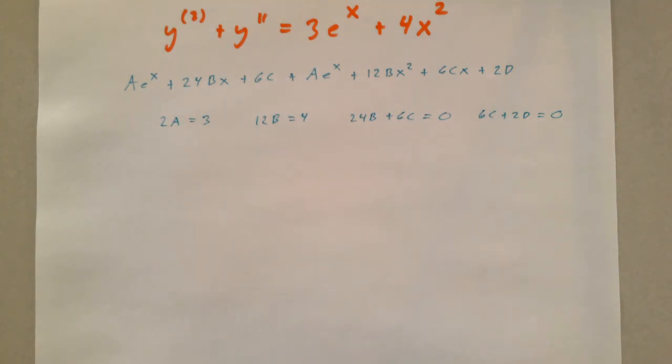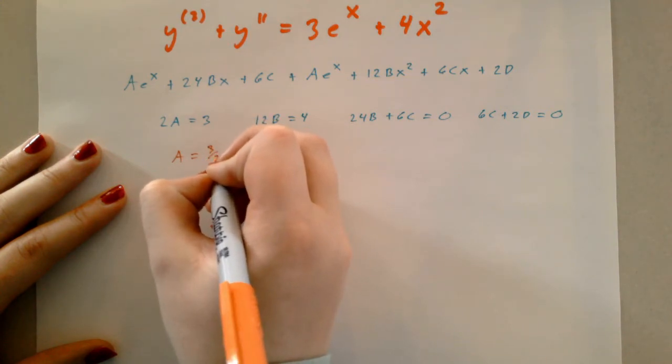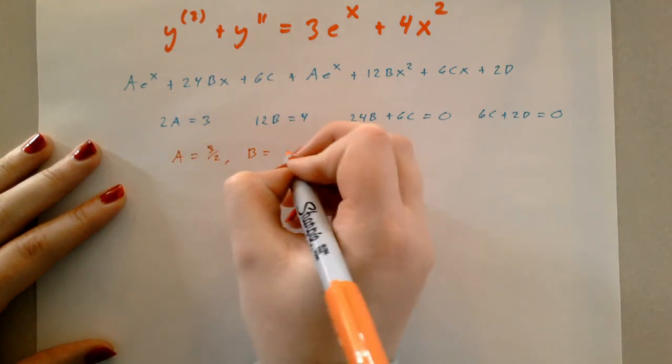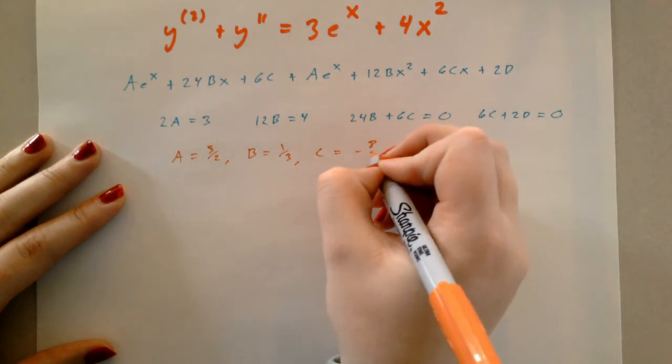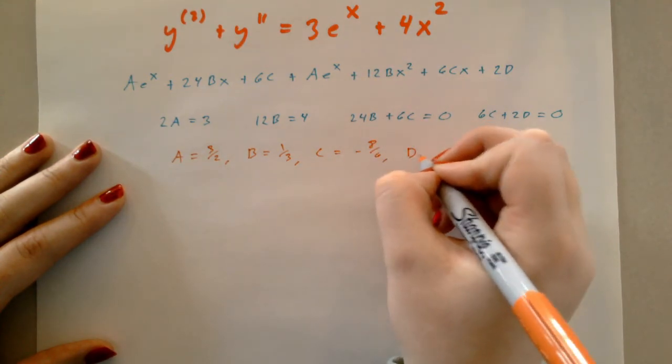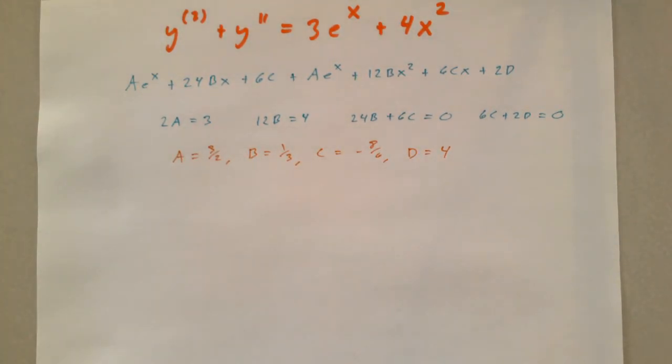From here, it's just some straightforward algebra, which will give you that a is equal to 3/2, b is 1/3, c is -8/6, and d is 4. Now we can go ahead and write the final form of our particular equation using these coefficients.